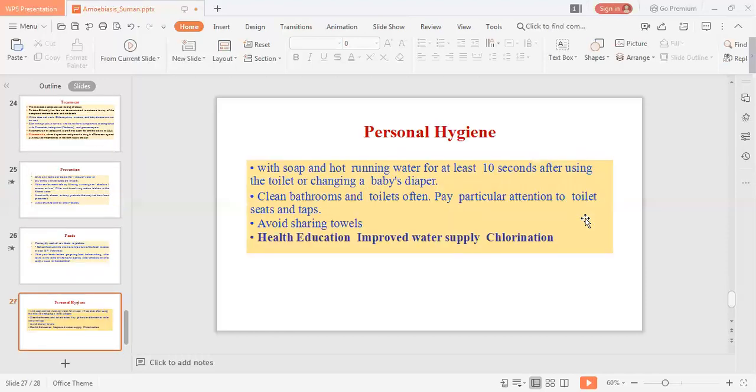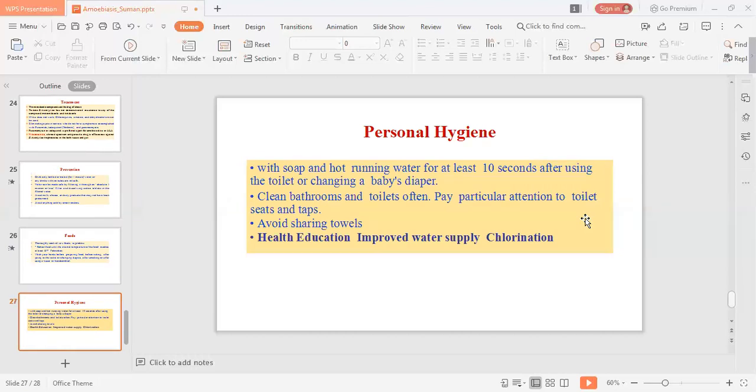To maintain your personal hygiene, you have to use both soap and hot running water. And at least for 10 seconds, you have to rub your hands after the toilet and after changing a baby's diaper.